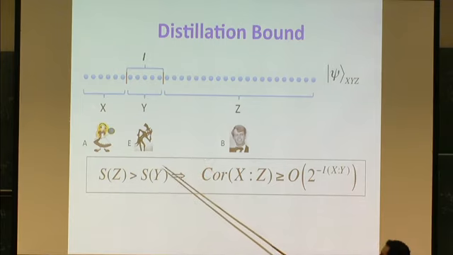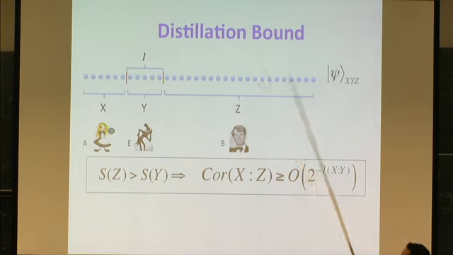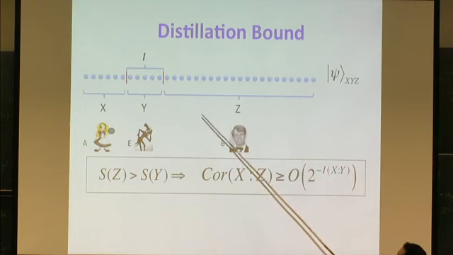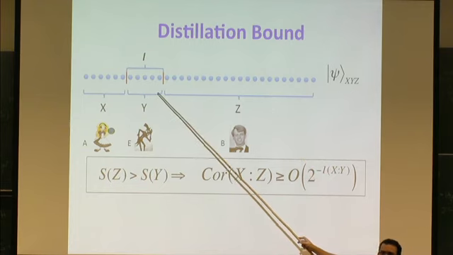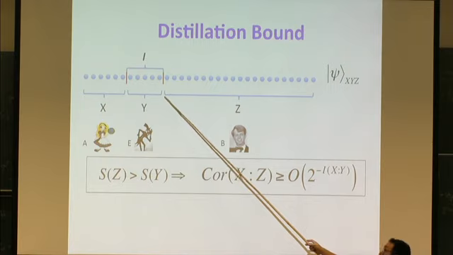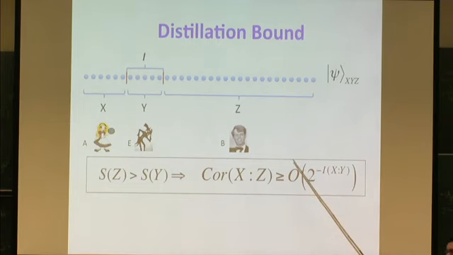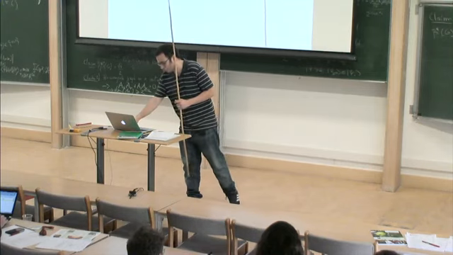These are already hints that maybe this is useful for an area law. Suppose you want to prove an area law for Z. One way is to show that the entropy of Z, which is this big region, is always smaller than the entropy of Y. Suppose it's not the case, then we are here. But then the correlations are bigger than something, and if you can show this violates the hypothesis of exponential decay of correlations, it would work.